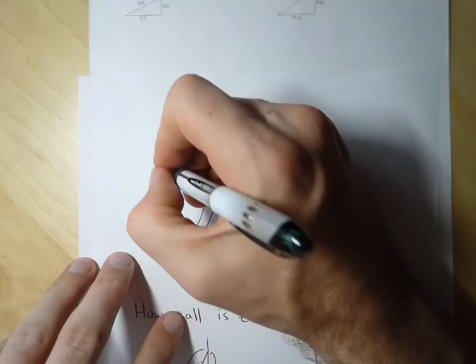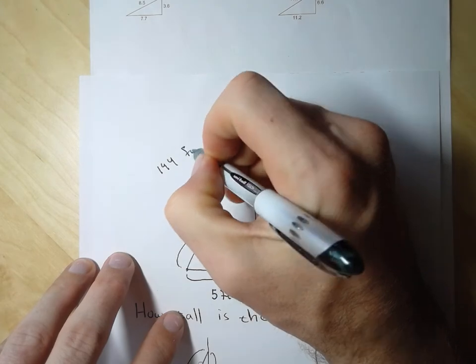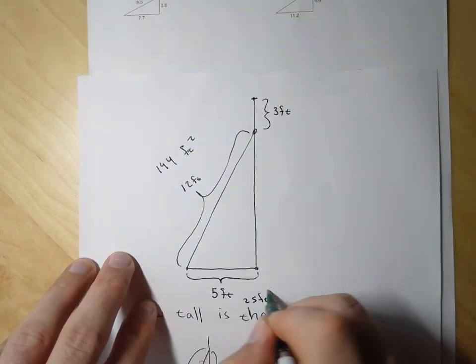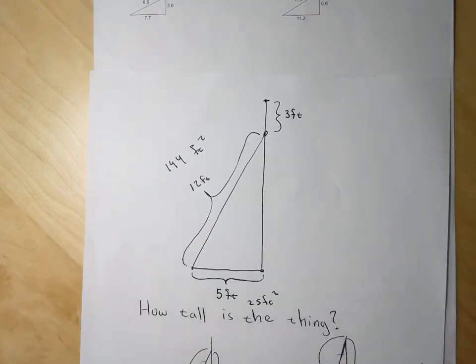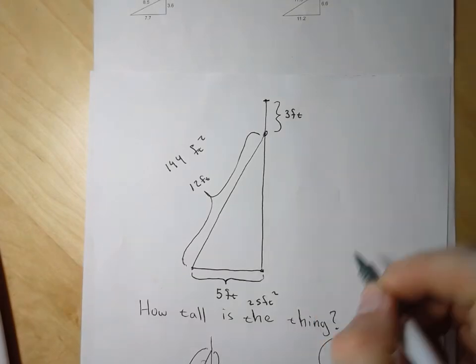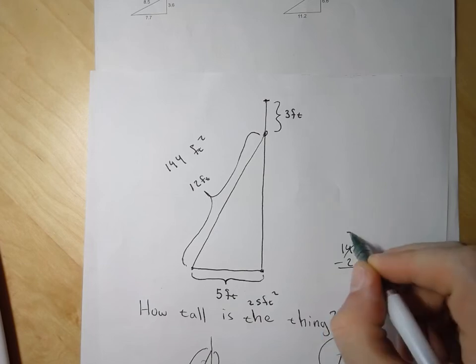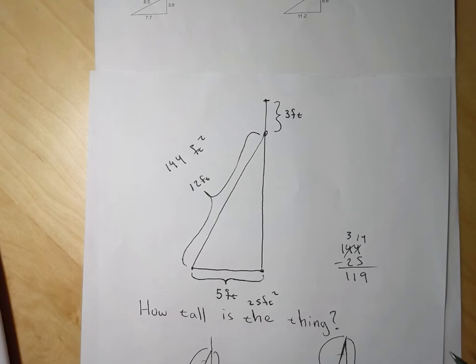So it's a pretty simple application of the Pythagorean theorem. This would be 144 feet squared, and this one right here would be 25 feet squared. And because this is a missing leg problem, we would be subtracting those two. So 144 minus 25 is 119.